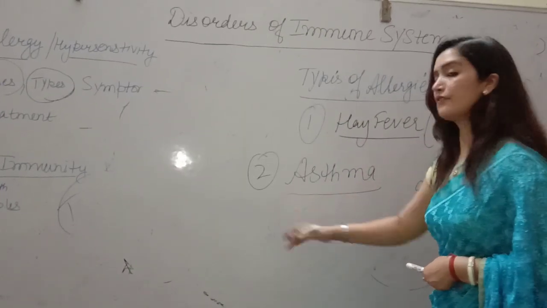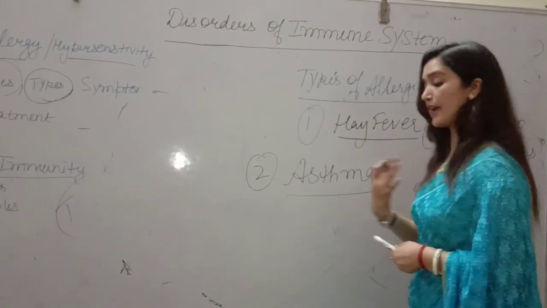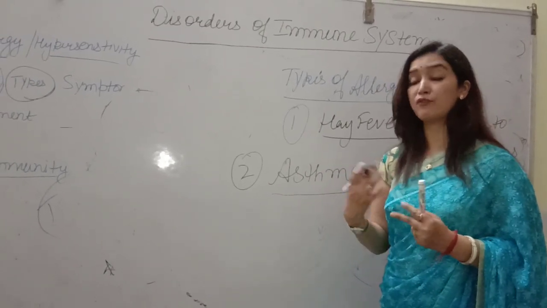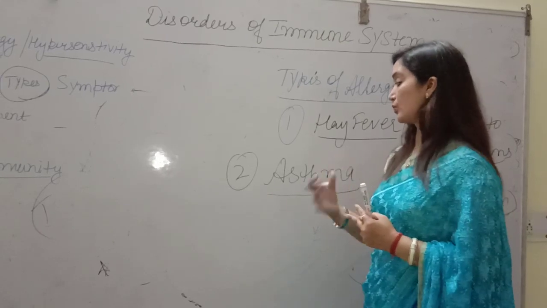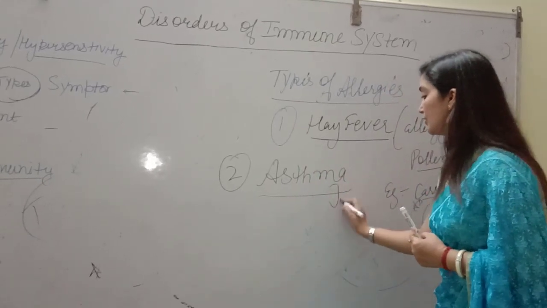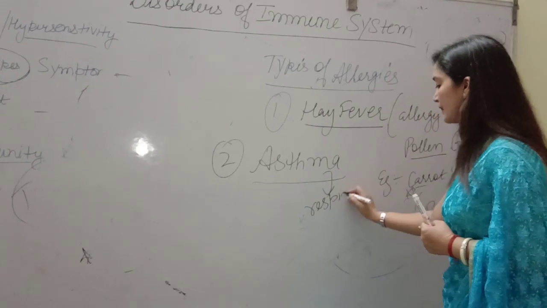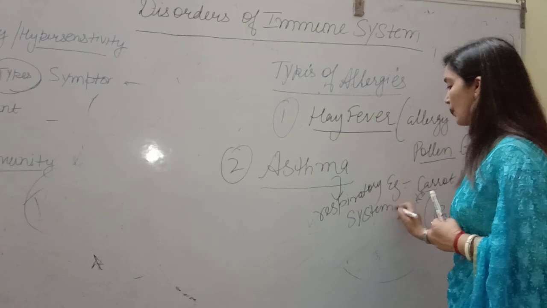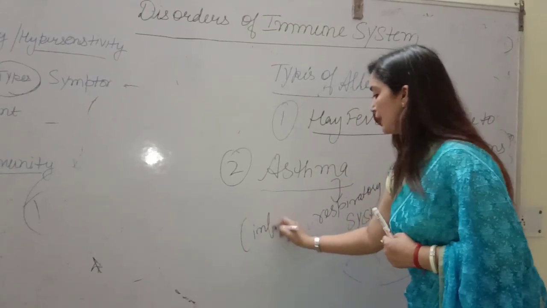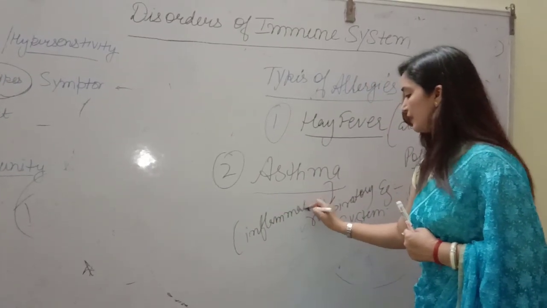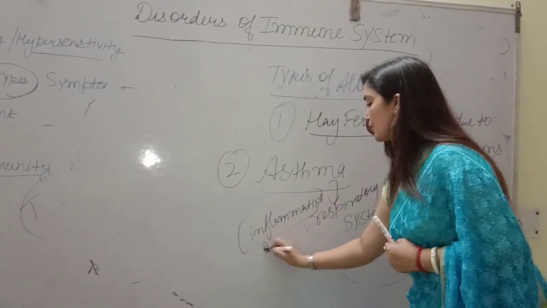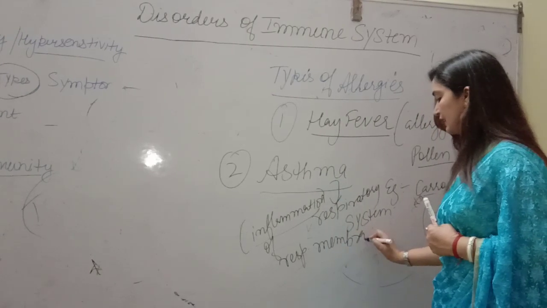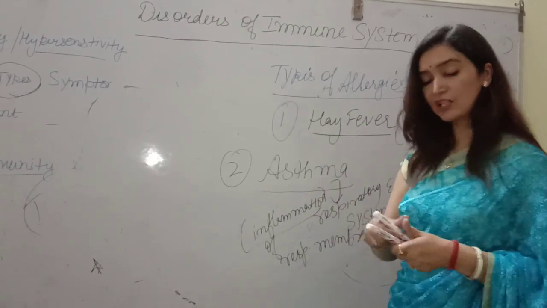Alright, you might have heard some person has allergy from cold or allergy from foggy weather. So why does it occur? Actually in case of asthma, it is specifically related to the respiratory system. Inflammation, that is swelling, of respiratory membranes takes place.